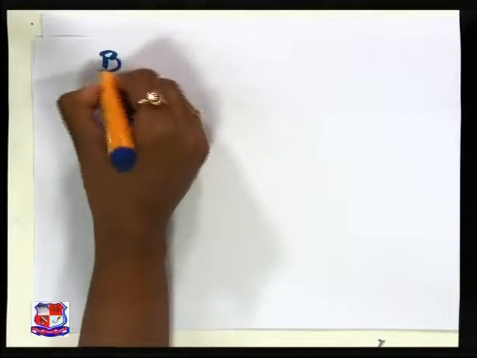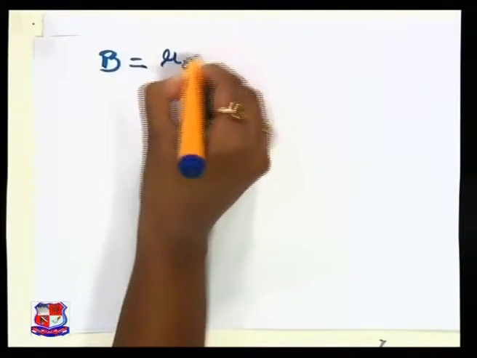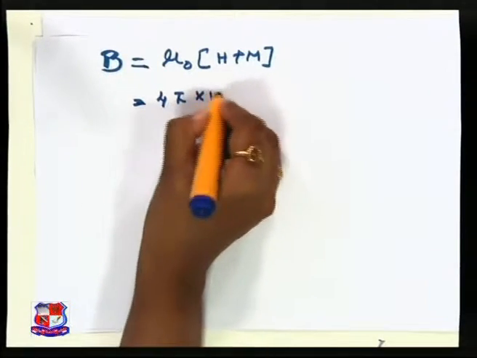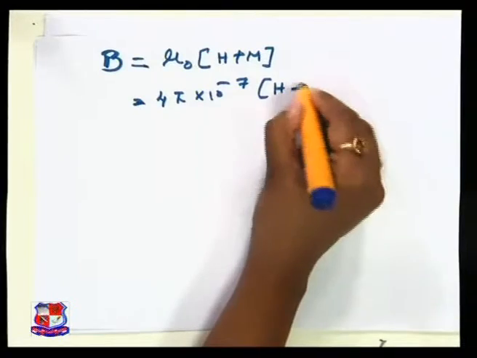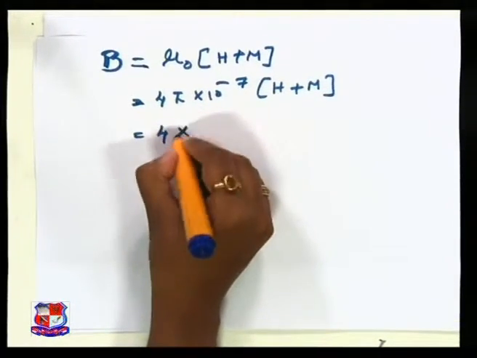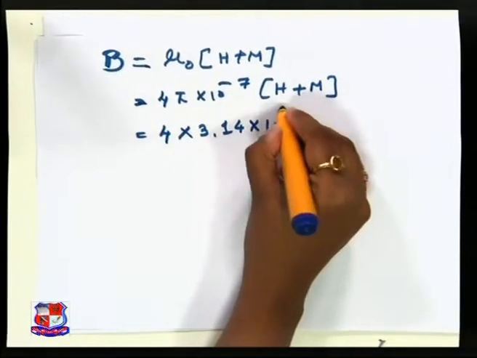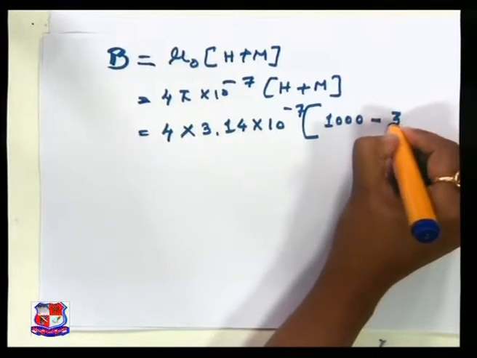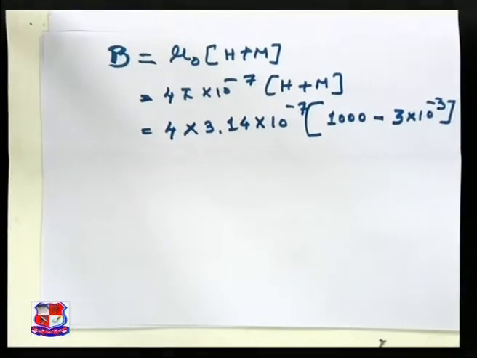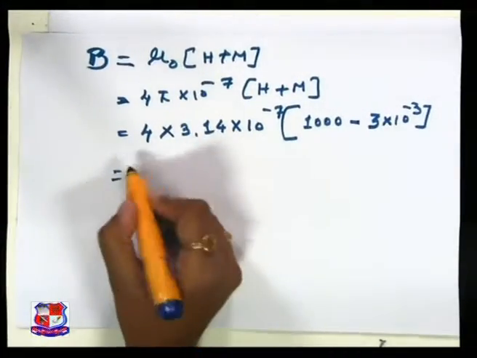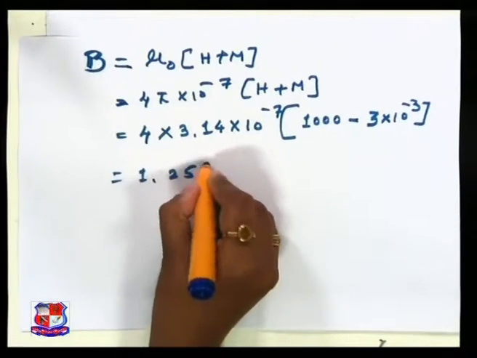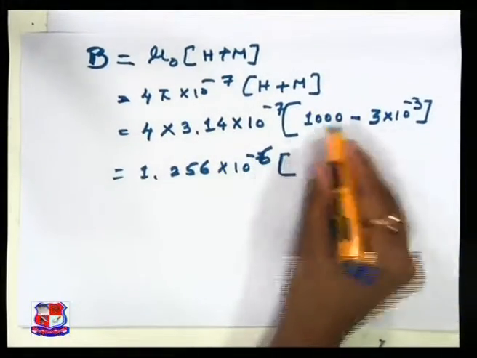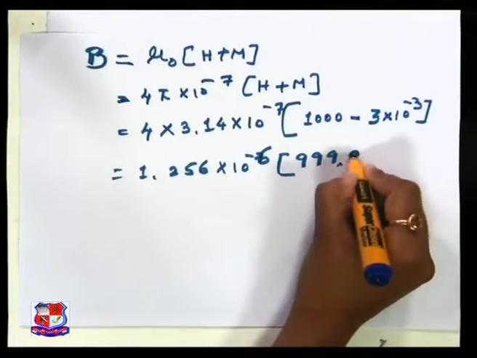While for B, there is another formula. It is mu 0 into H plus M. Mu 0 is again 4 pi into 10 raised to minus 7, times H plus M. H is 1000 minus 3 into 10 raised to minus 3, which is 999.997.